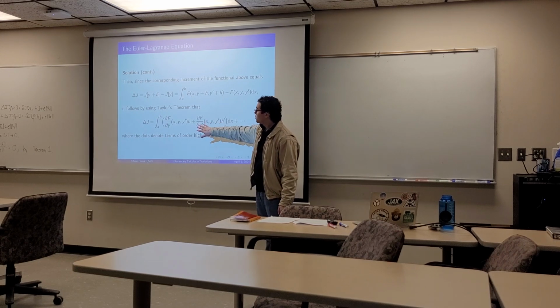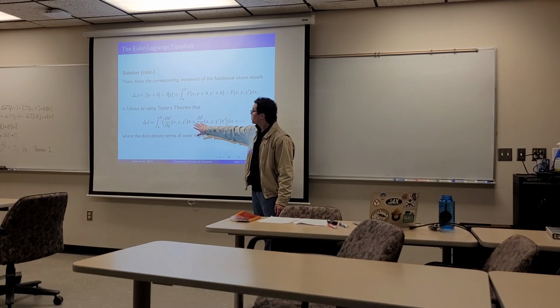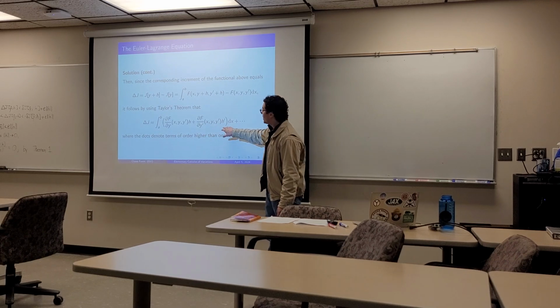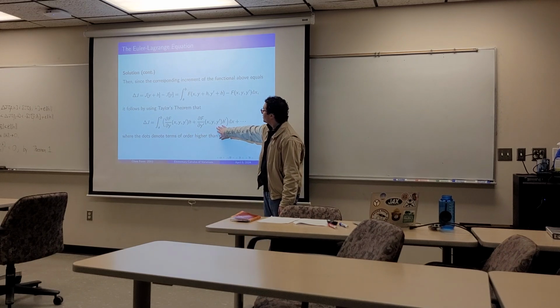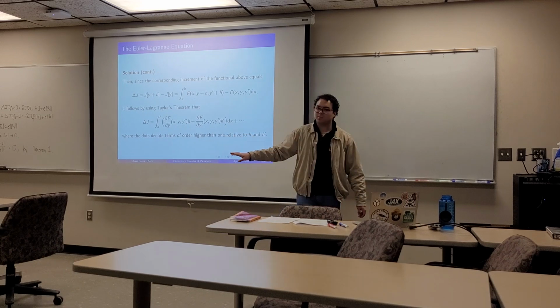Since this is continuous with respect to its first and second partial derivatives, for y and y prime, we have a continuous function times h, which is continuous, and a continuous function times h prime, which is continuous, and we start to see where lemma 3 is coming in.